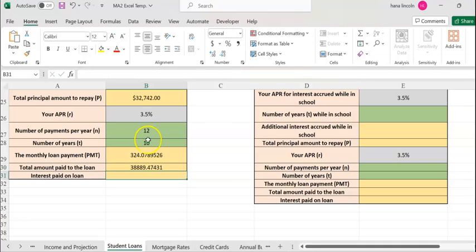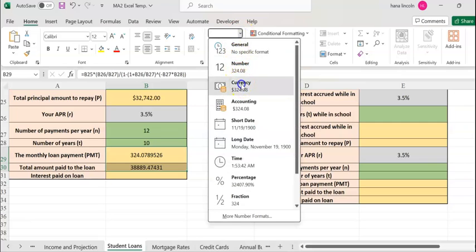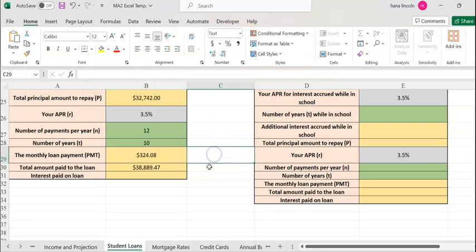You're going to pay $38,889.47 in 10 years. Let us put those in the dollar sign, currency.